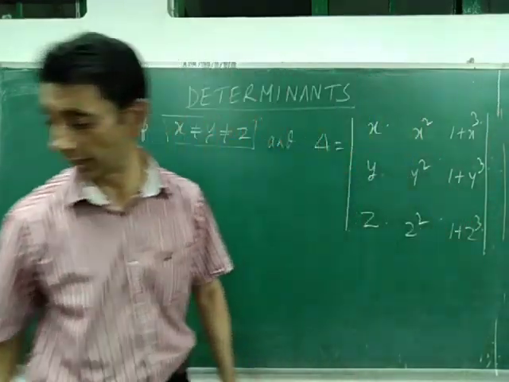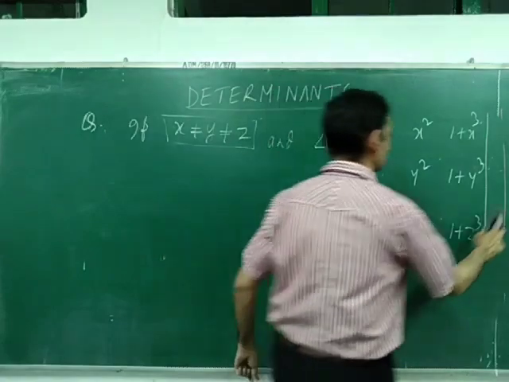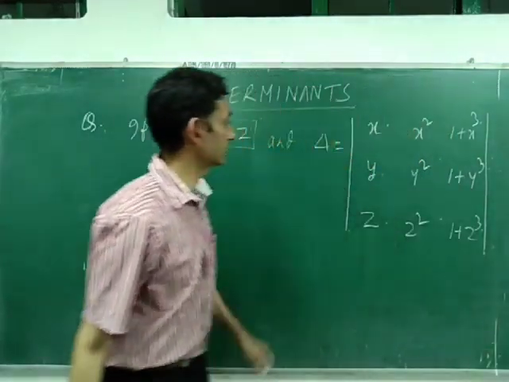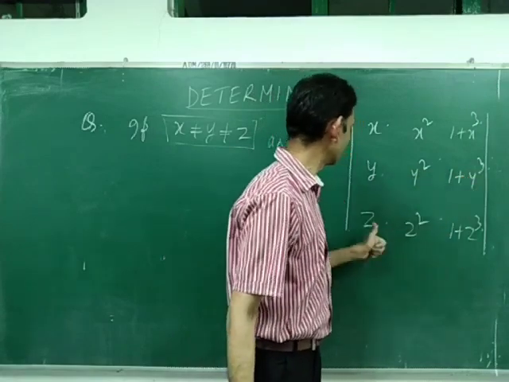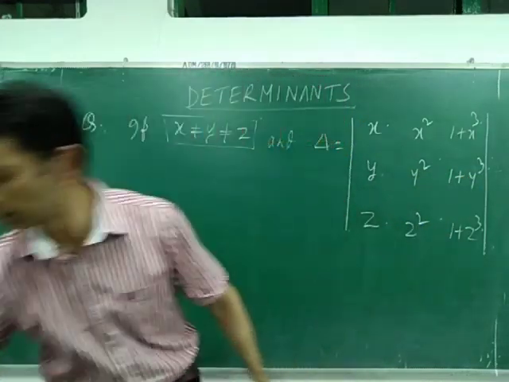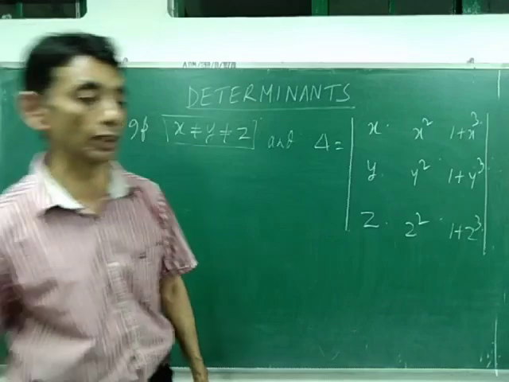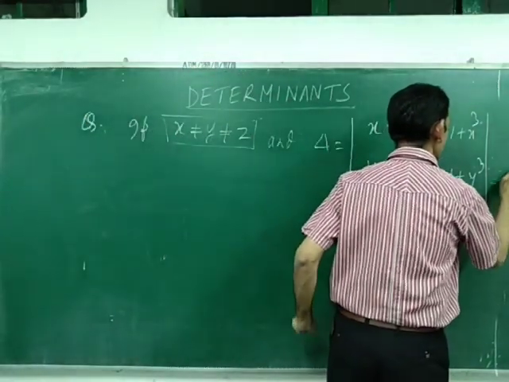If lambda is equal to the determinant x squared 1 plus x cube, y squared 1 plus y cube, z squared 1 plus z cube is equal to 0.